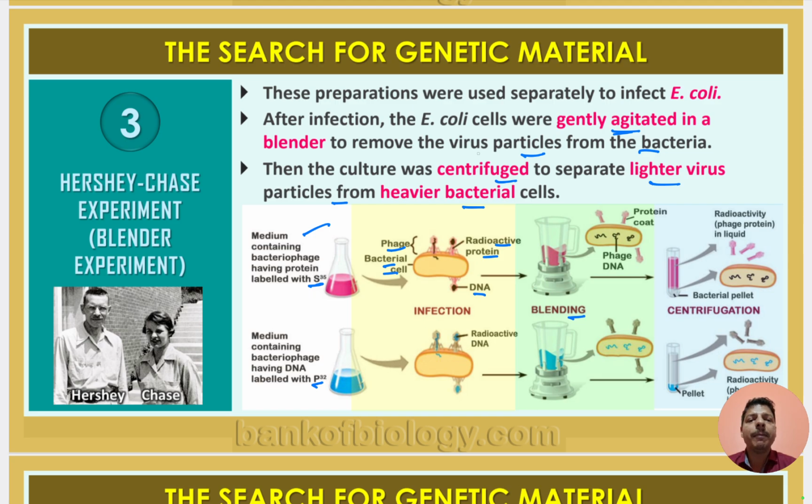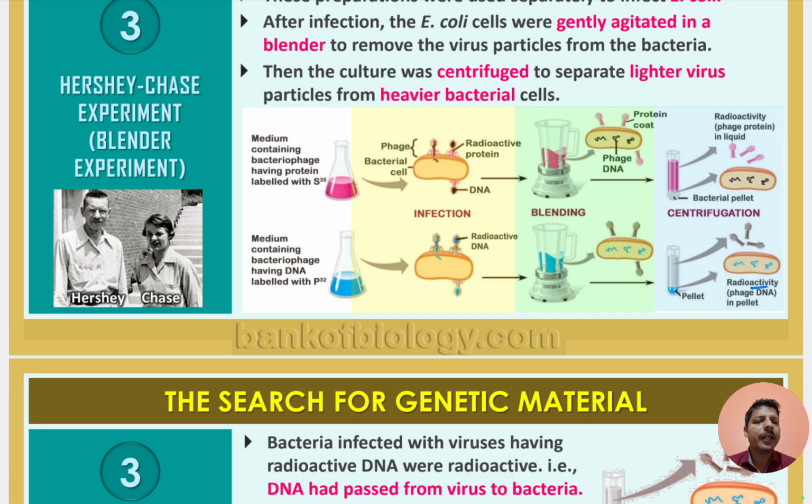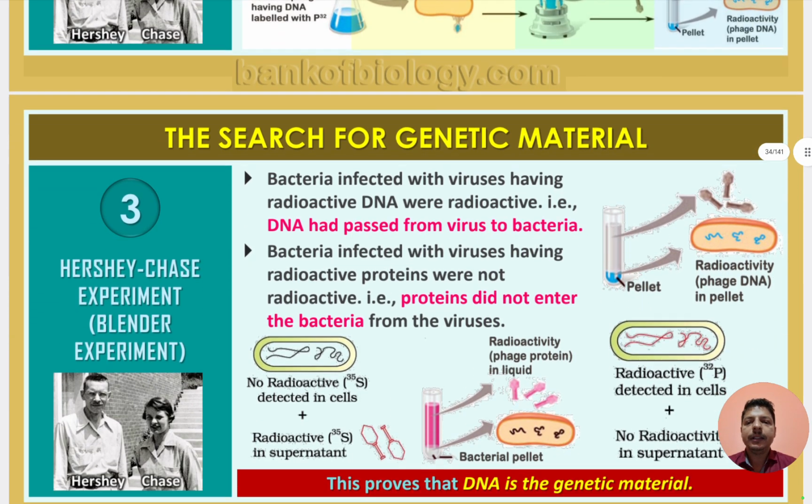Blending removes the virus particles from the bacteria. As you can see, the protein coat of the viruses comes out from the bacteria. Then they centrifuge to separate the lighter virus particles from the heavier bacterial cells. Here you can see centrifugation, the bacterial pellet.